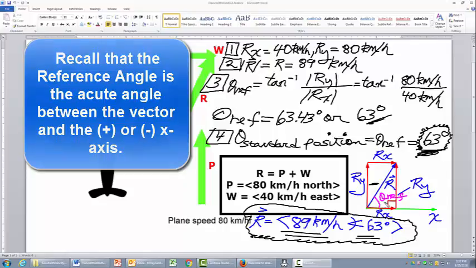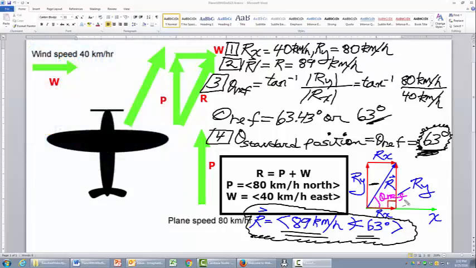The reference angle is this angle. It is the angle whose tangent is the y component over the x component. We substitute in for the y component 80 kilometers per hour, for the x component 40 kilometers per hour. We get that the reference angle is 63.43 degrees, or 63 degrees to 2 significant figures.